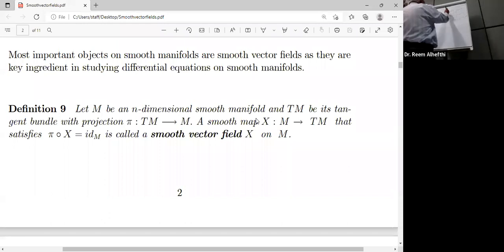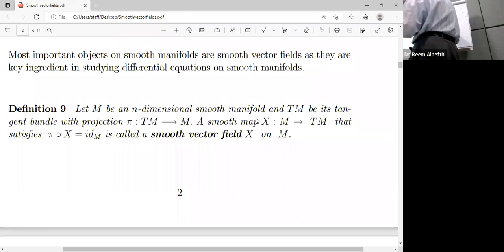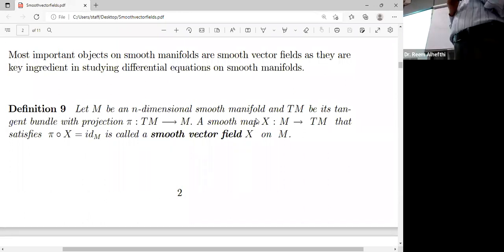So if you look at the situation, this is X of M. X of M sits here in the tangent bundle. So this is a requirement for a smooth section of the bundle. A smooth section of the tangent bundle is a smooth map from the manifold to the tangent bundle, such that pi brings it back to the same position.